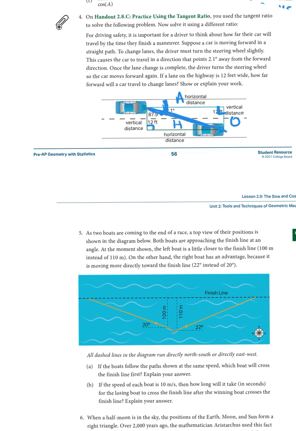So let's pull up our trig, SOHCAHTOA. And since I want to find H and I know what O is, we're going to be using sine.